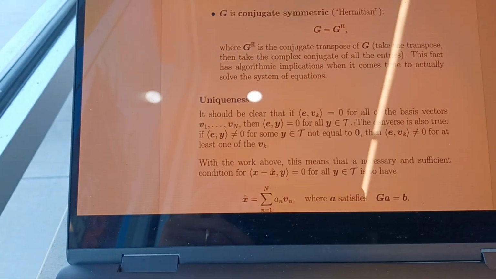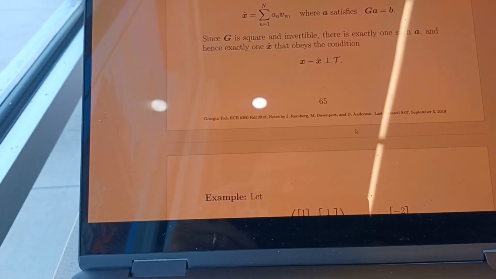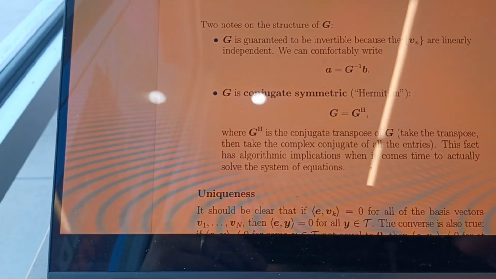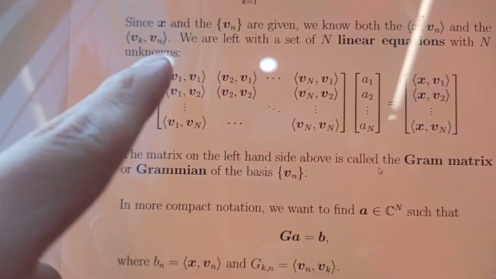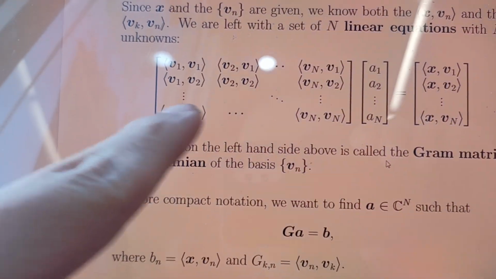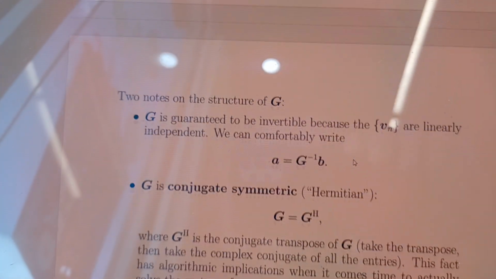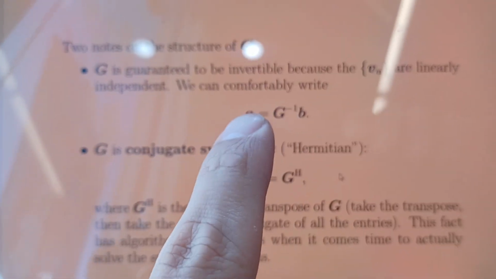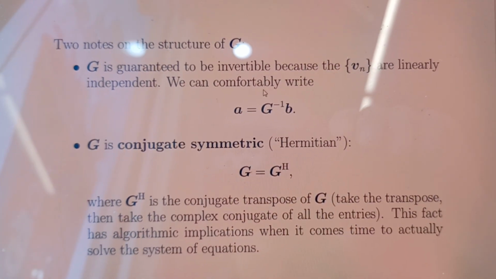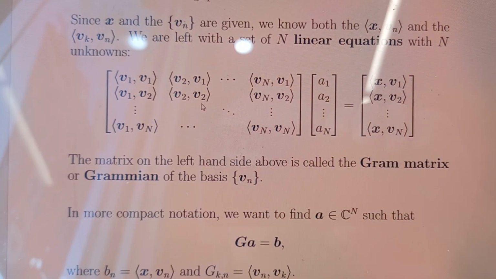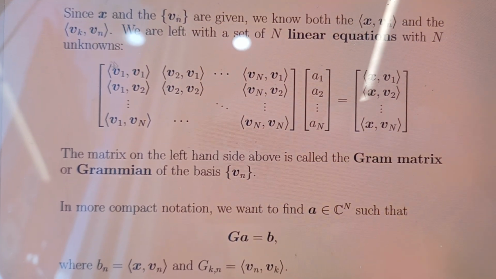But notice that G is kind of symmetric. There's V1 and V1, Vn and Vn, V1, so these are symmetric. So even if you change it from G to G negative 1, the only thing that really changes is the sign of these inner products.